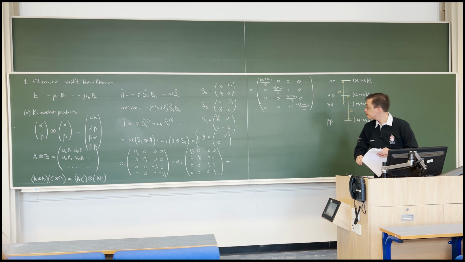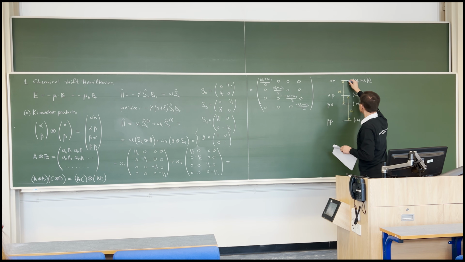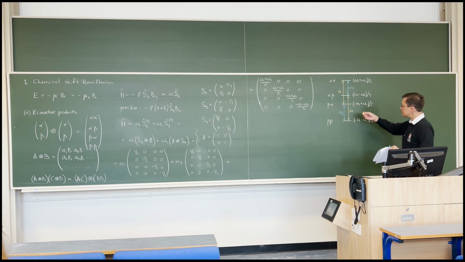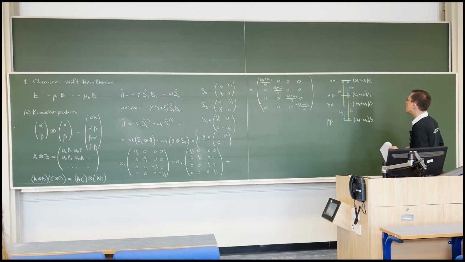For the second spin, we have alpha into beta, that is here, so omega 2, and then alpha into beta here, that is omega 2. And you can see that we have chosen our spins in such a way that the omega 1 is larger and the omega 2 is smaller. So as drawn, this is perhaps proton and phosphorus.